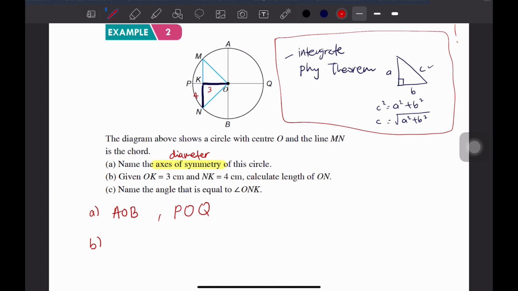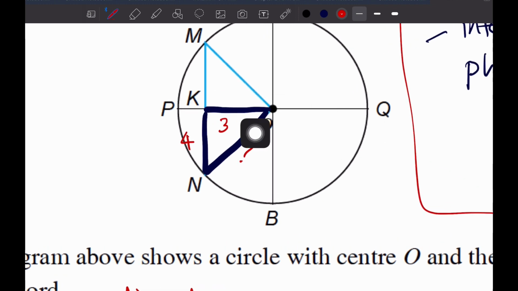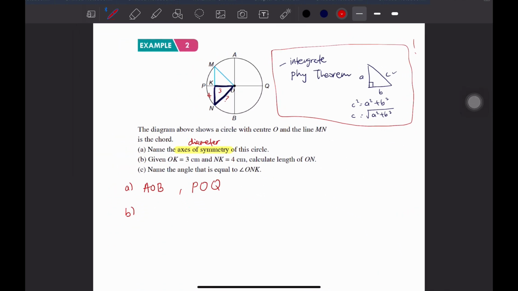The question is, calculate the length of ON. So what is ON? I zoom it. If you look at this triangle, it looks very familiar from what you have learned before. So I redraw the diagram over here.